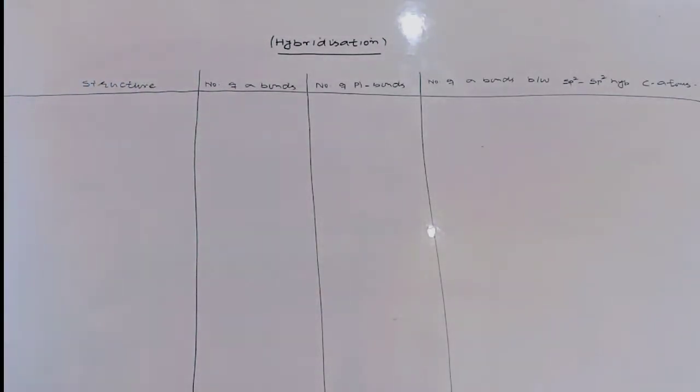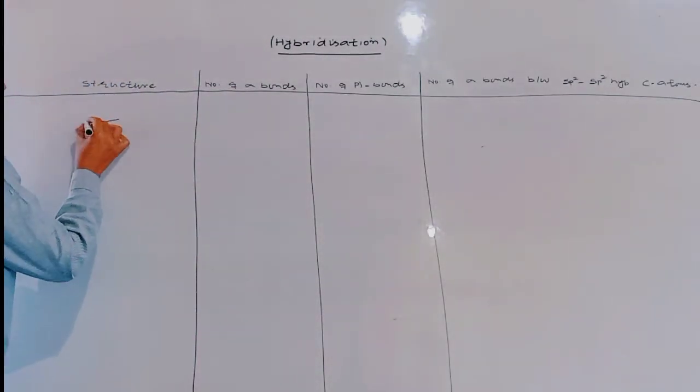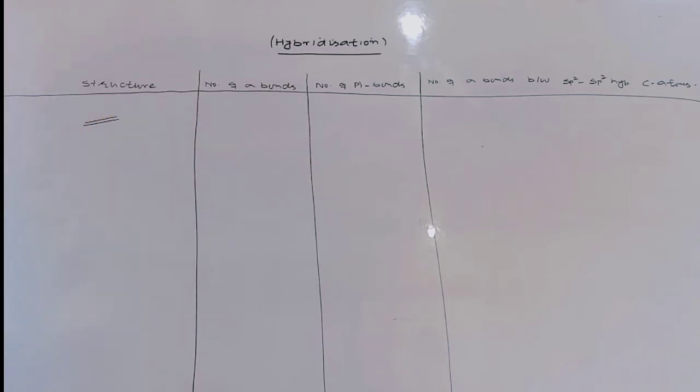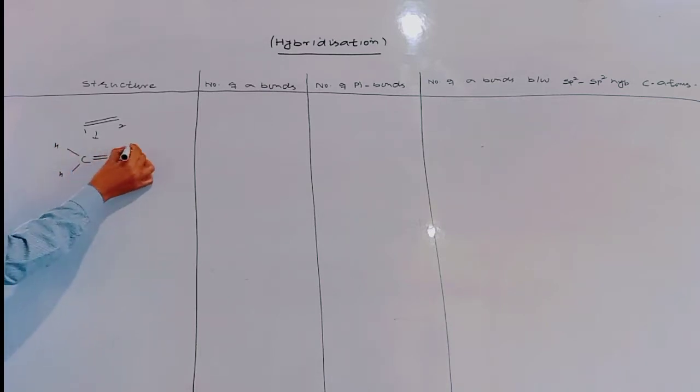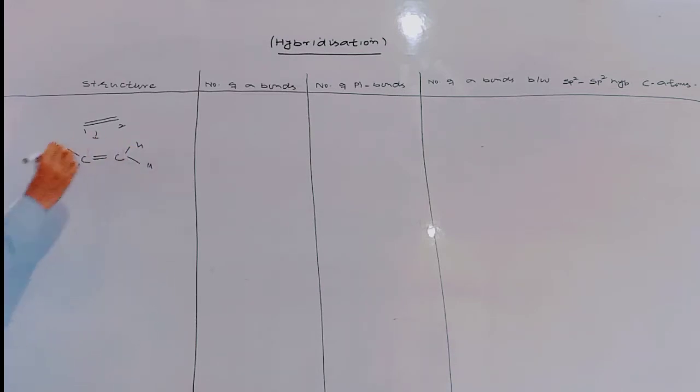Let me take an example of this. First example is ethene, right? How many carbon atoms are present? 1, 2. It contains a double bond. It is given in BLN form. If you write it in expanded structural formula, now calculate sigma bonds.